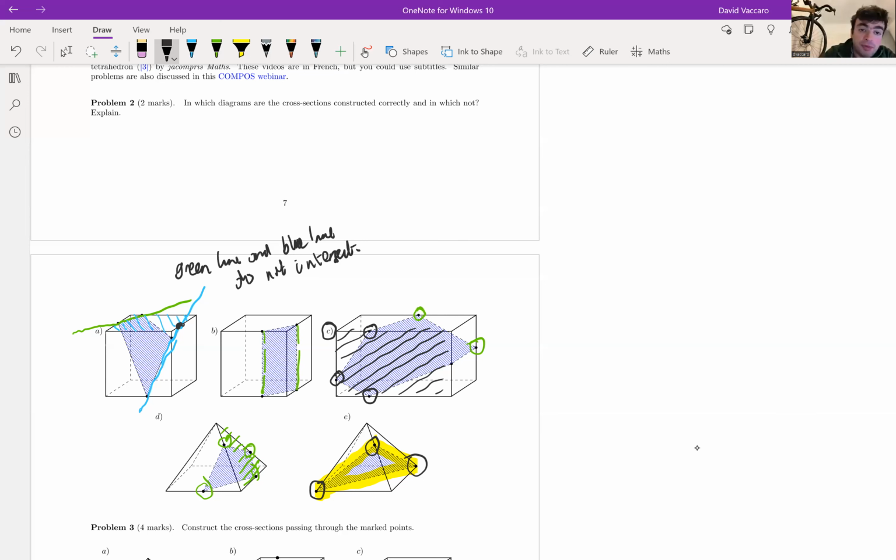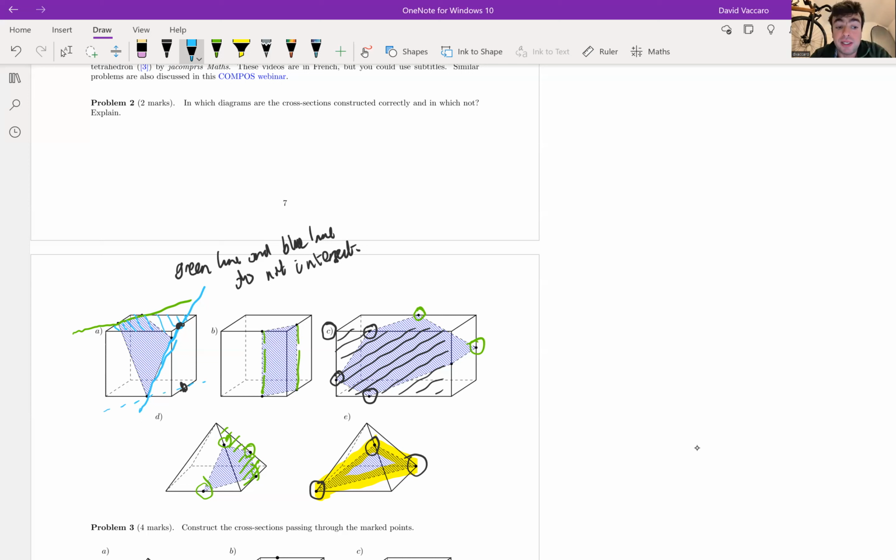Okay. For the blue line to lie horizontally, the other point on the line would need to also lie on the bottom face. So the 4 points would have had to have been like that blue line for us to lie in a plane, and then it would have been fine.